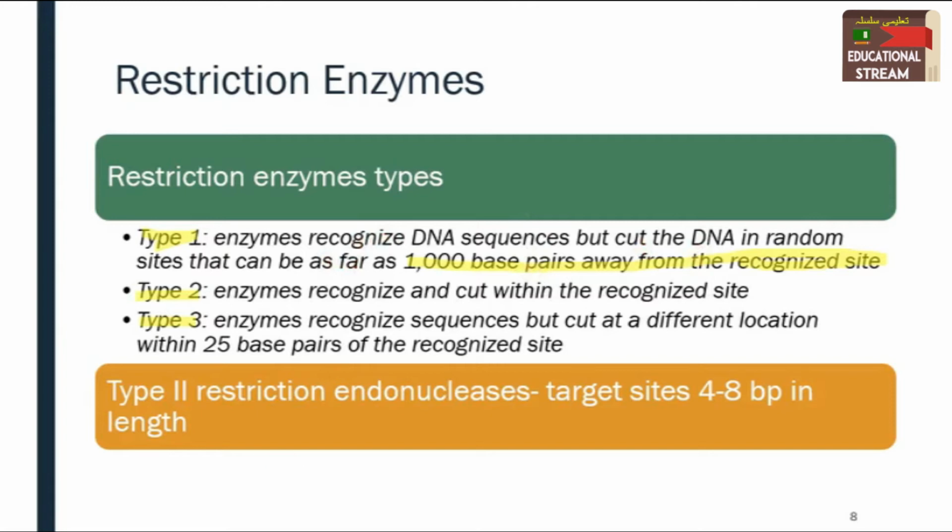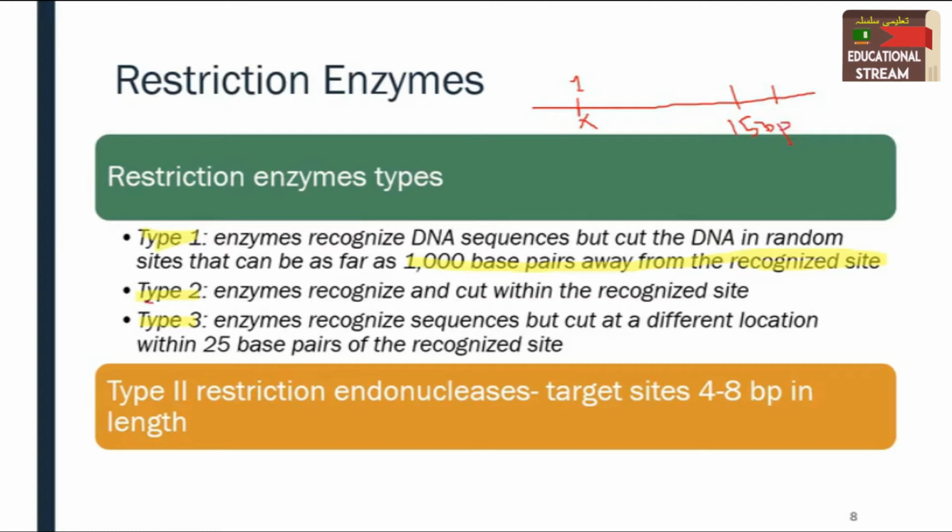If this is the DNA fragment and this is the recognition site where the type 1 enzyme recognizes, they will make a cut about 1000 base pairs away, not at this one position. Their recognition sequence is 15 base pairs long. They recognize a 15 base pair sequence, and then they make a cut away from it.